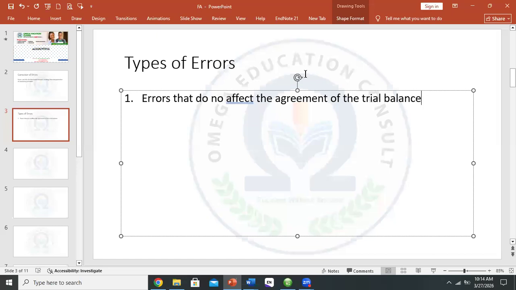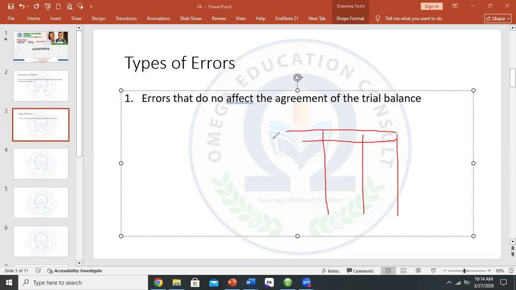Now, let me give an example here. Let's say that this is my trial balance. So we have the debit and the credit.